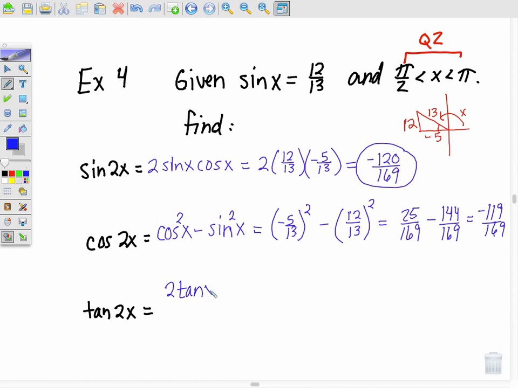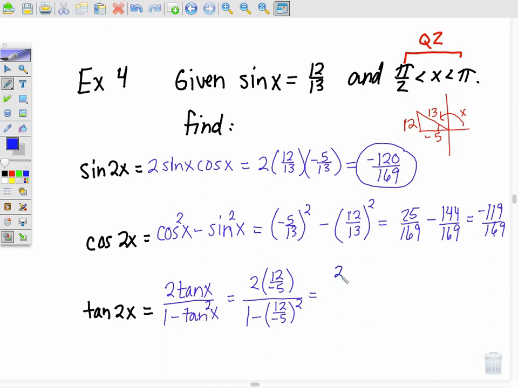So tangent of 2x. Tangent 2x, the formula would be 2 tangent of x over 1 minus tangent squared. So I'm just getting these formulas from our list of formulas. So 2 tangent x, it'd be 2 times tangent is 12 over a -5 over 1 minus 12 over -5 squared.